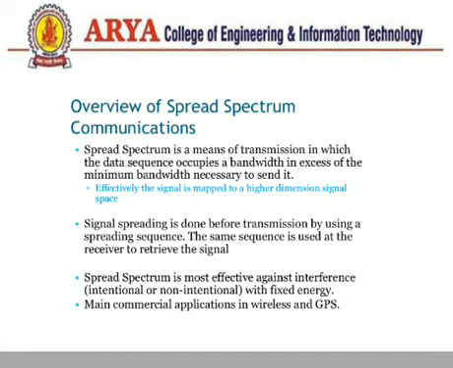Signal spreading is done before transmission by using a spreading sequence. The same sequence is used at the receiver to retrieve the signal. Spread spectrum is most effective against interference, intentional or non-intentional, with fixed energy. Main commercial applications are in wireless and GPS.